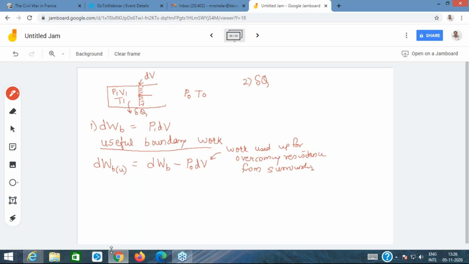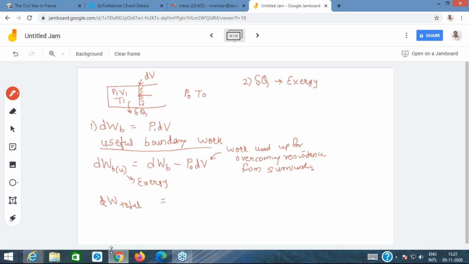Now we need to calculate the exergy, or the available energy, because of this. Once you calculate this, we need to calculate the total exergy.